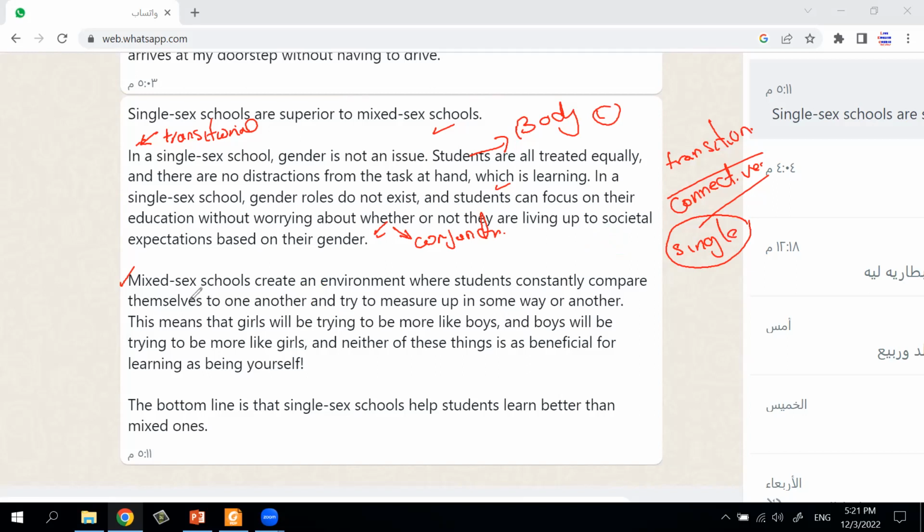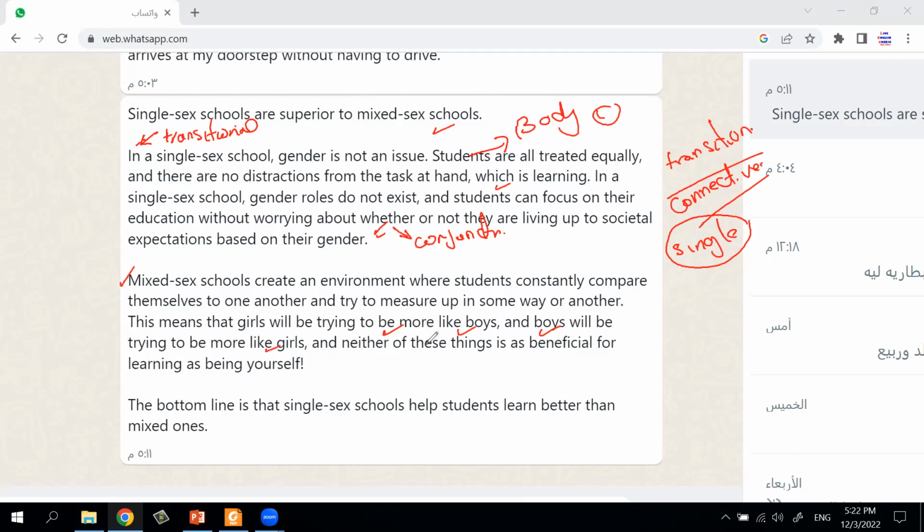Here, mixed sex schools create an environment where students constantly compare themselves to one another and try to measure up in some way or another. This means the girls will be trying to be more like boys, and boys will be trying to be more like girls.